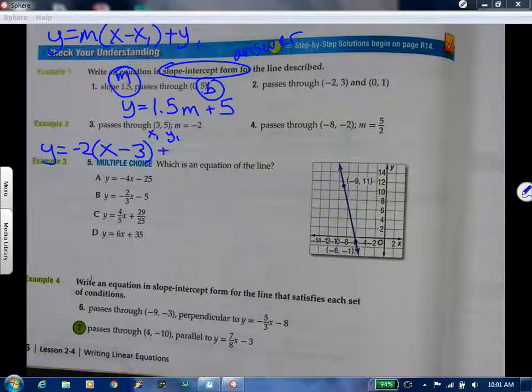Okay, we're not done yet. But do you see where all those numbers went and how they got there? Because our answer, remember, needs to be in slope-intercept form. So this is not quite slope-intercept form yet. So distribute the negative 2.